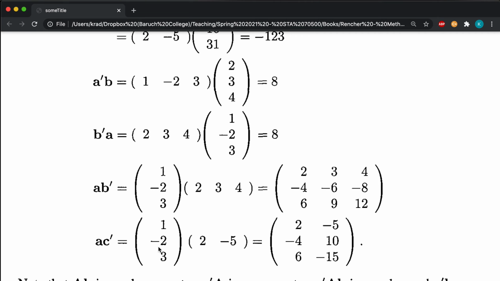So what we get here, A is essentially a 3 by 1 vector, right? A is 3 by 1. C transpose is 1 by 2. So the result will be 3 by 2. 1, 2, 1, negative 5, negative 2, 2, negative 2, negative 5 gives you 10, and so on and so forth. Does that make sense?